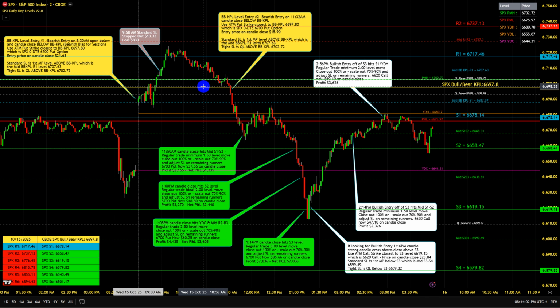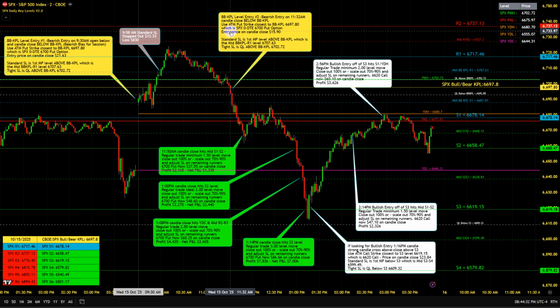And as many of you know, sometimes we have gap and goes that don't fill, but there are a lot of times on SPX where gaps do fill intra-session, and then they can make a resumption in the direction of the initial gap. So that's also something you have to keep in mind, that we did have a very large gap up. So we do have this bearish bias.